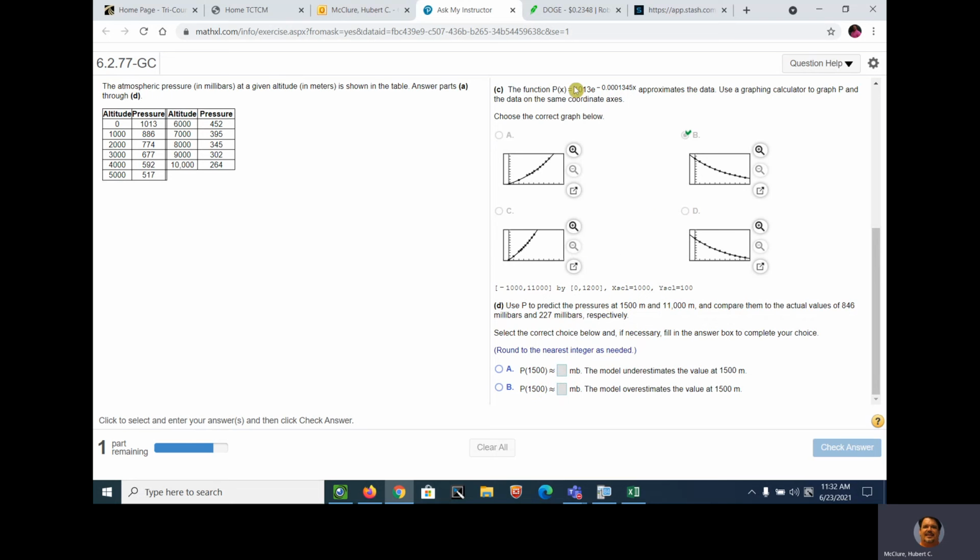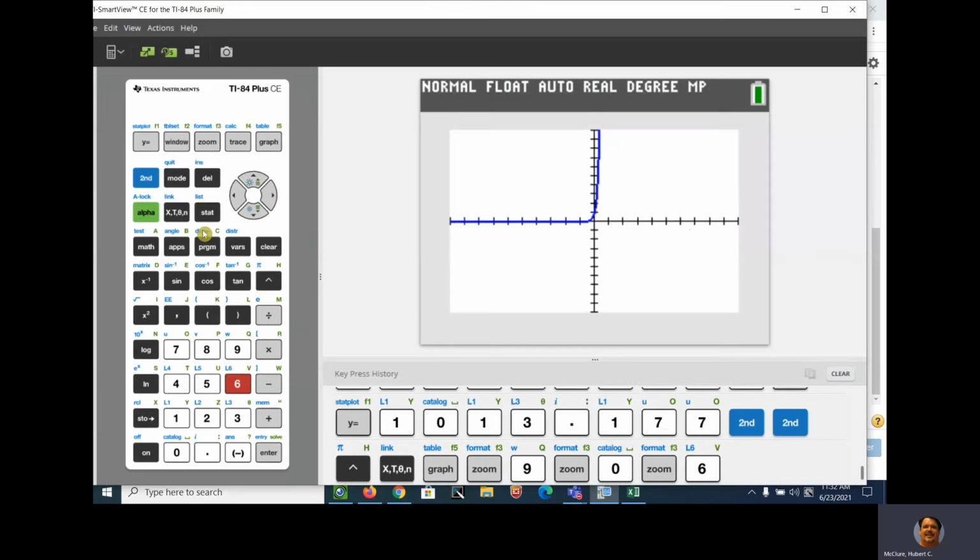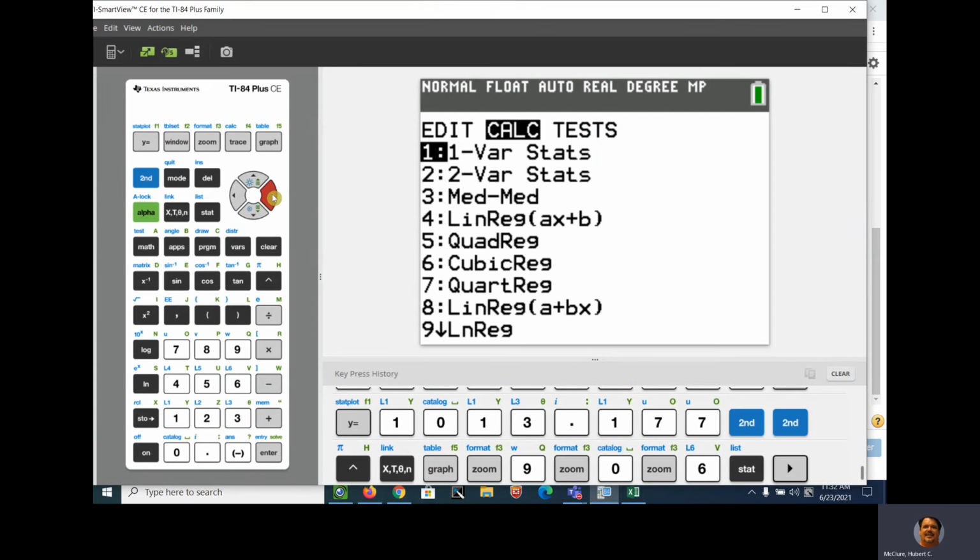Well, there it is right there. That's what we've been getting. Oh, I'm putting it in the wrong place. My bad. You know, we're getting it in the right place. I didn't put that other part in there. Let me go back and see. I apologize. Stat, calculate.